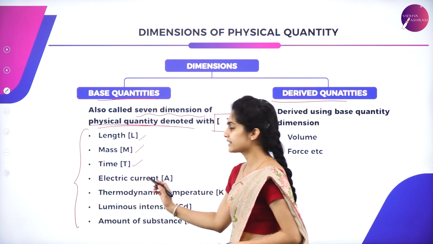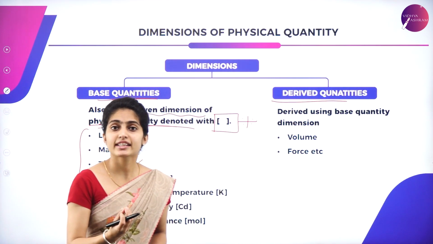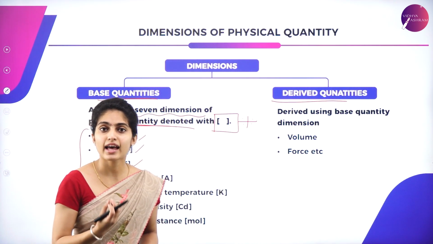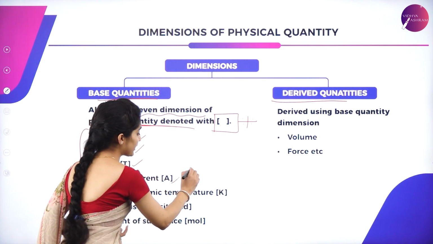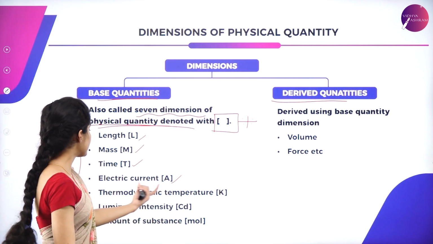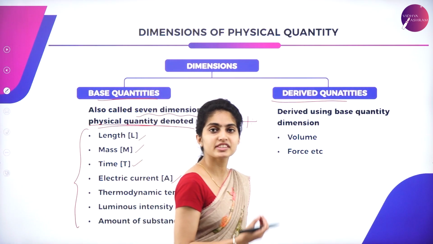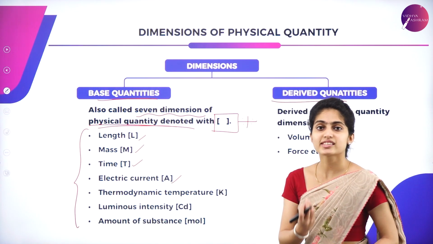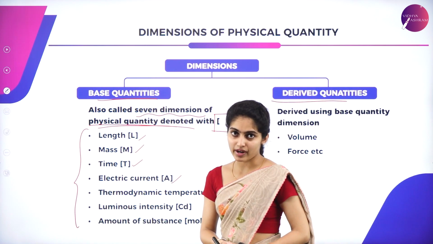Next, electric current is represented by A, for ampere, enclosed by the square bracket. Thermodynamic temperature is measured in Kelvin, so it is K, enclosed within the square bracket.